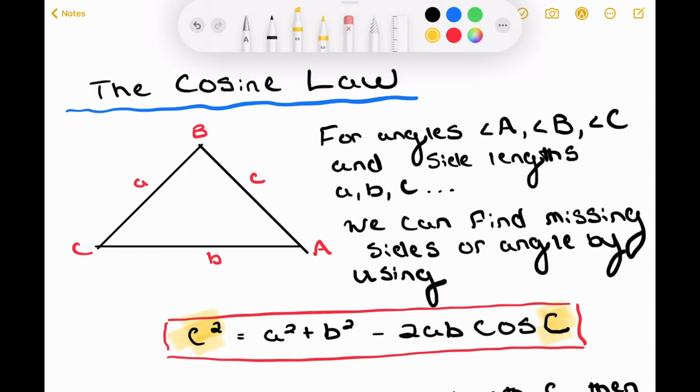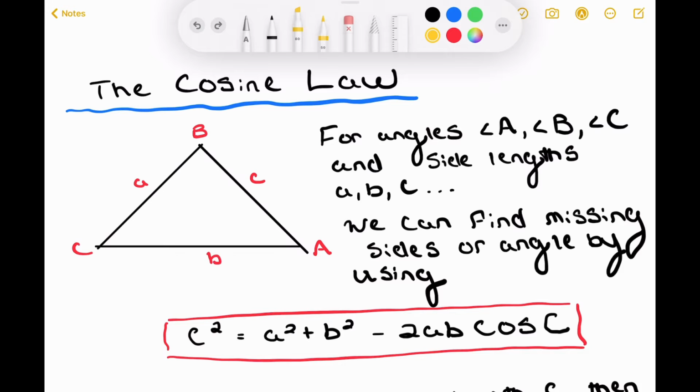The two individual letters on the right-hand side, so a squared and b squared, or c squared and b squared, or a squared and c squared, appear a single time next to the two. So just remember that if the angle is a certain letter, it's going to match the letter on the left-hand side of the equals sign.